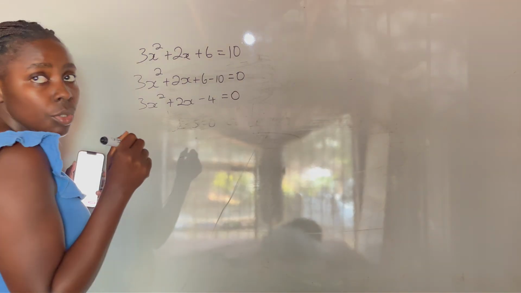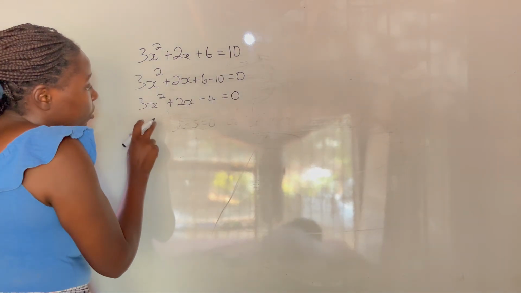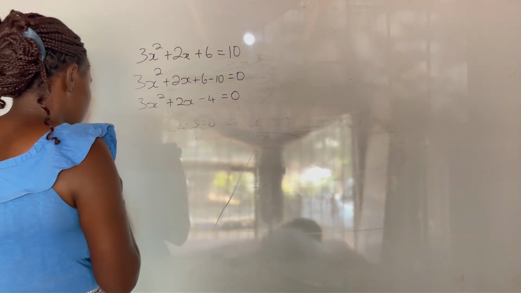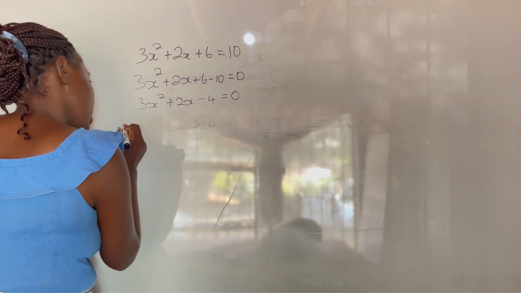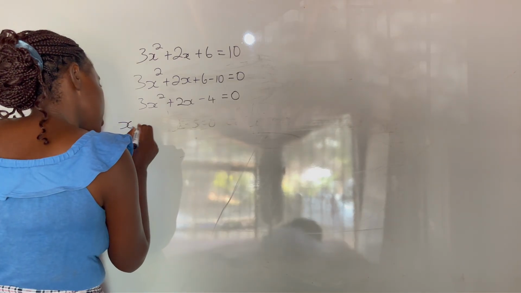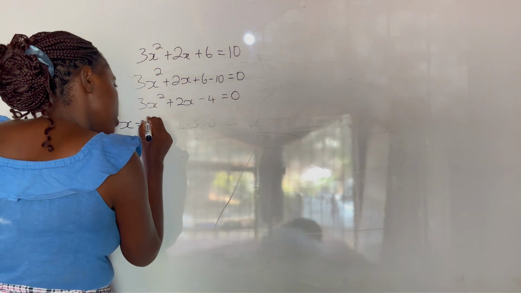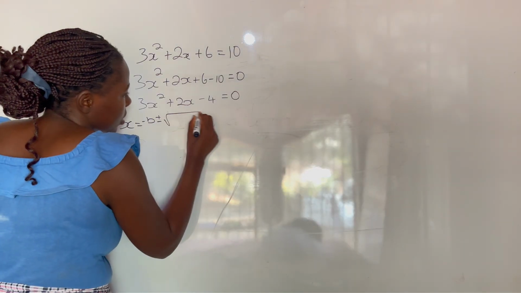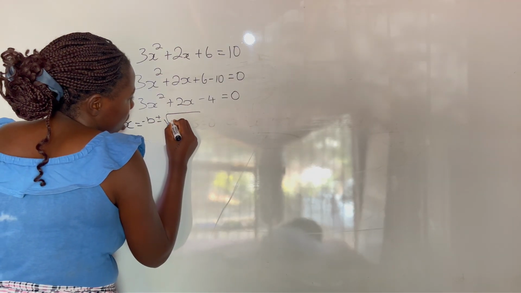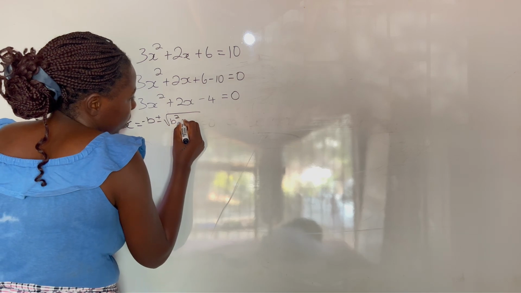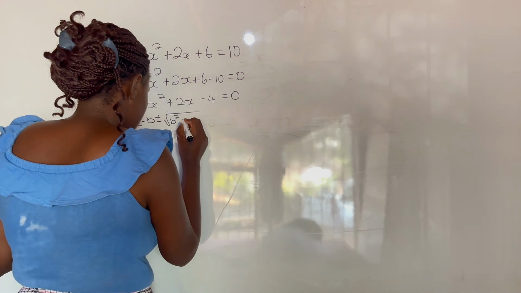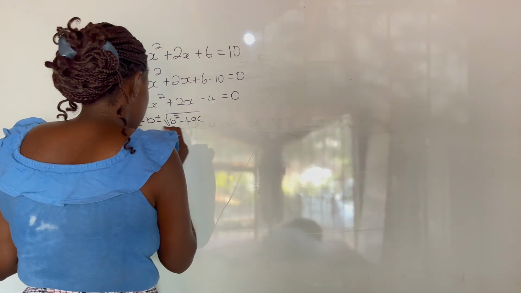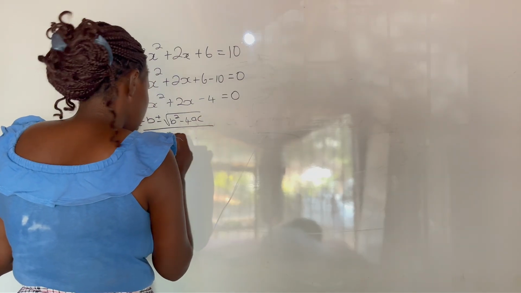As you all know, you'll find the quadratic formula at the back of the question paper. Let me write it for you. It says x equals negative b plus or minus the square root of b squared minus 4ac, all divided by 2a.